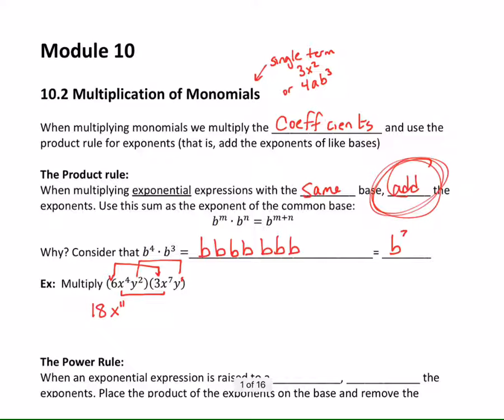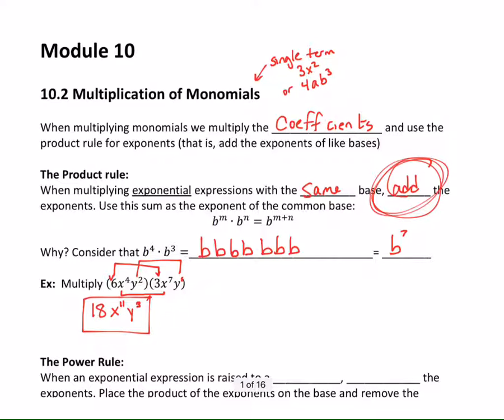So I'm going to take y squared times y to the first, and I get y cubed. So the product of 6x to the fourth y squared times 3x to the seventh y is 18 x to the 11th y cubed. That's the product rule. Multiply like bases, you add the exponents.